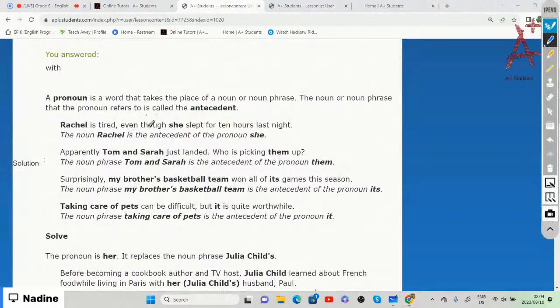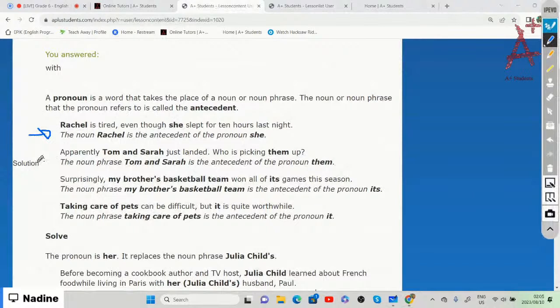An example: Rachel is tired, even though she slept for 10 hours last night. The noun, which is Rachel, we call that the antecedent.